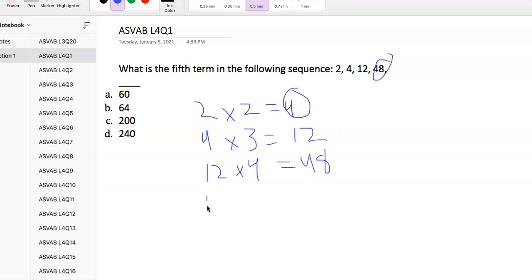Almost for sure, we've now got the pattern down, right? 48 times, what do you think it is? 5, because we have 2, 3, 4. 48 times 5 equals 240. And there we are, answer choice D. That's how we do that.